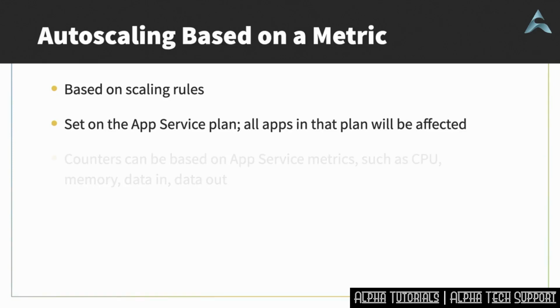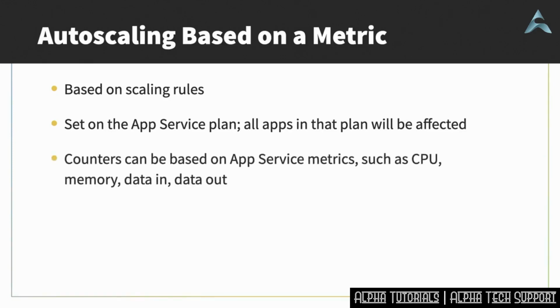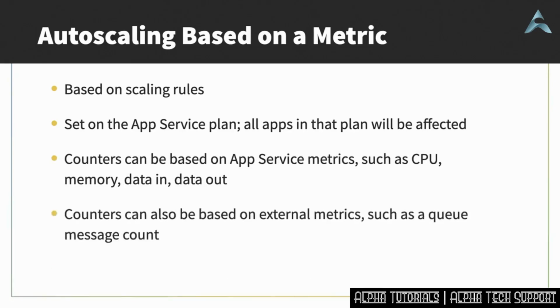And of course, we have some built-in metrics like CPU, memory, data in, data out, that are just there. You just need to configure it. But you can also configure this based on external metrics, like, for example, a service bus queue message count, so the number of messages that are right now on that queue.